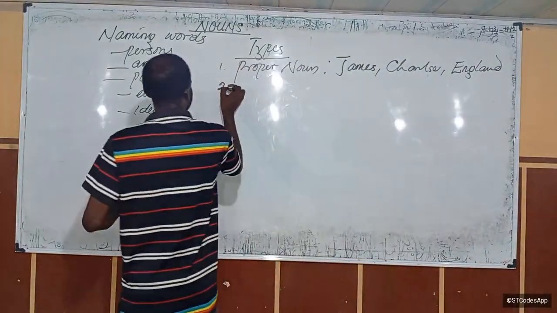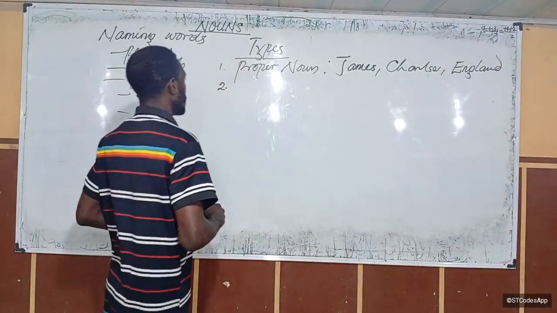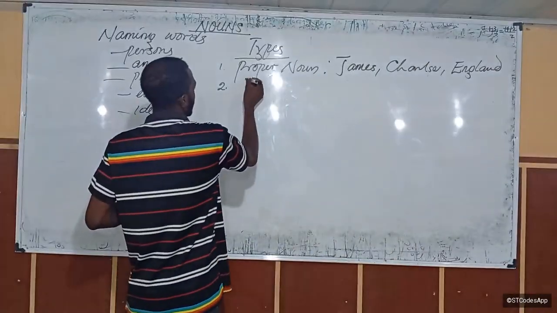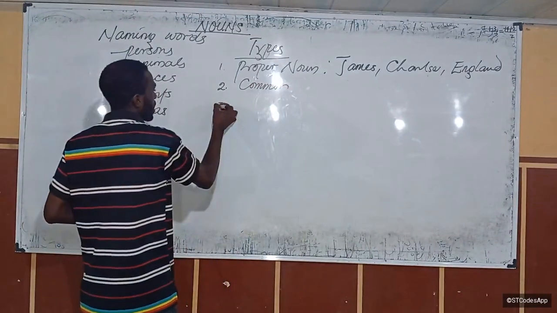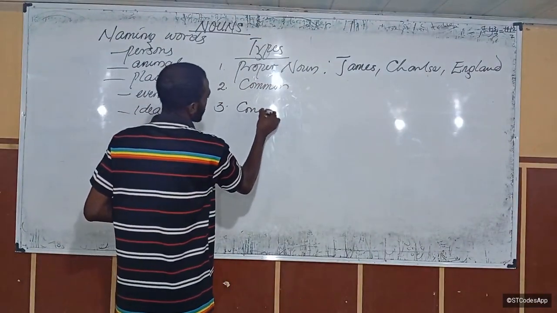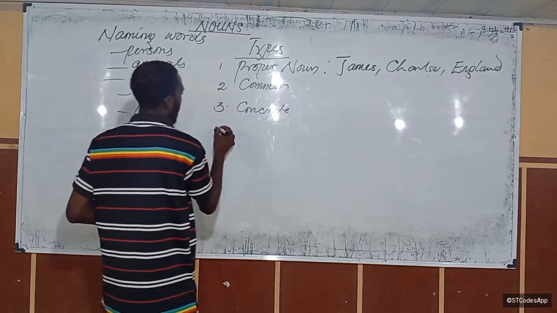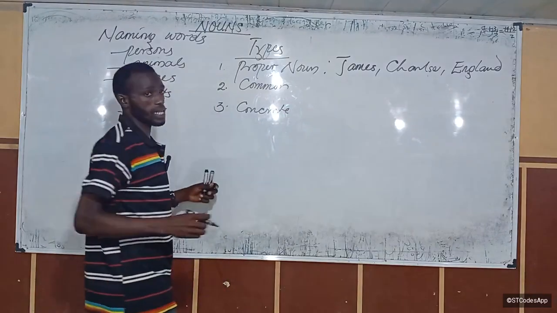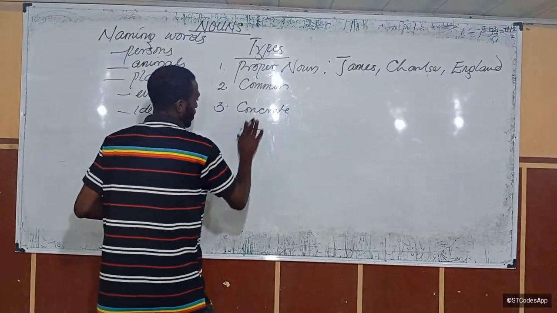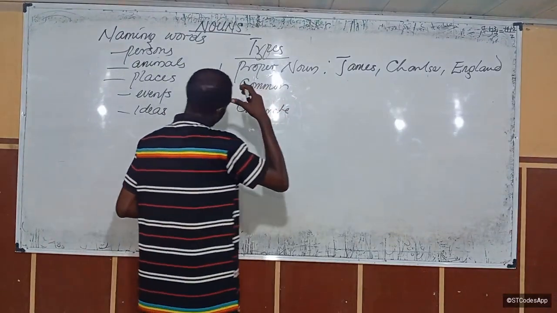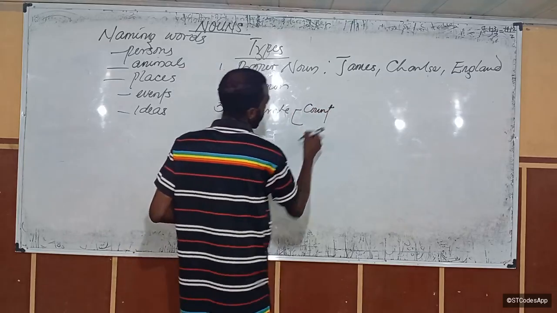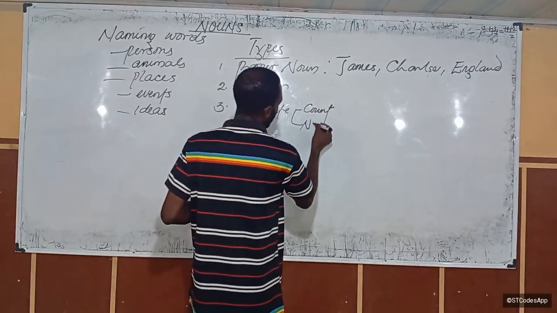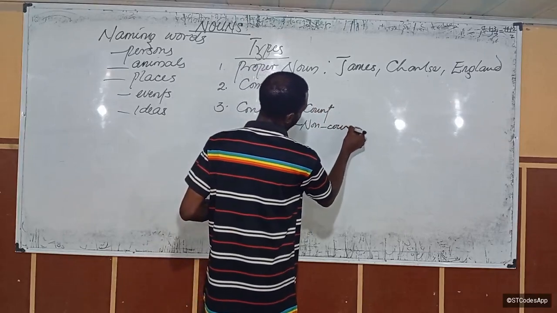The second type of noun that we have is the common noun. And then we have the concrete noun. The concrete noun is divided into two: the count nouns, or countable nouns, and the non-count nouns.